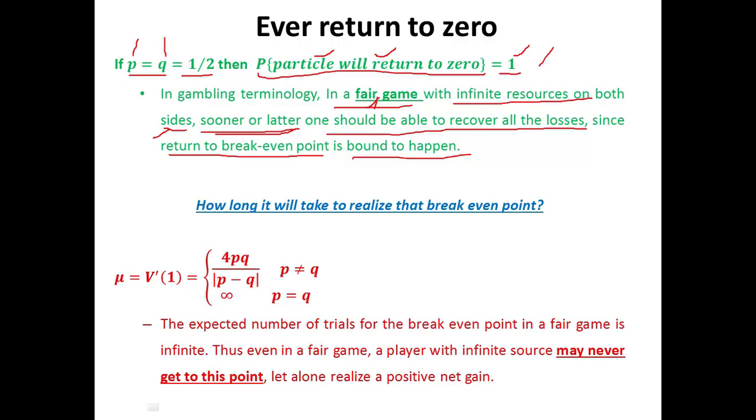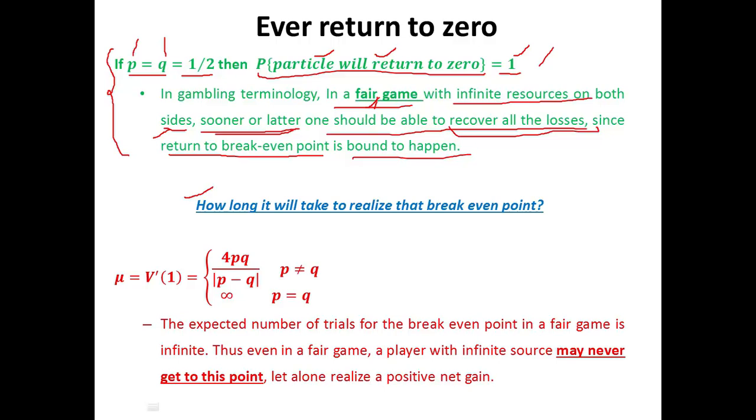So after some trials he is going to recover all the losses. You can say this is an optimistic approach for the person who is betting in gambling, because he knows sooner or later he will recover all the losses. But the question is how long it will take to realize this break-even point.